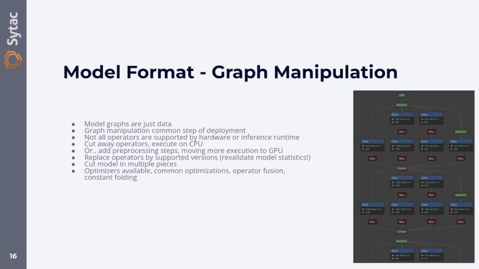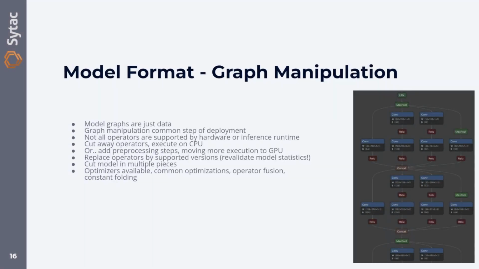So one nice thing I want to mention is that if you have everything in graphs, then they're just data, right? So graph manipulation, if you want to manipulate the computation graph of your model, is a very common step in deployment. You might find out, for example, that not all operators that you exported are supported by the hardware or your inference runtime.